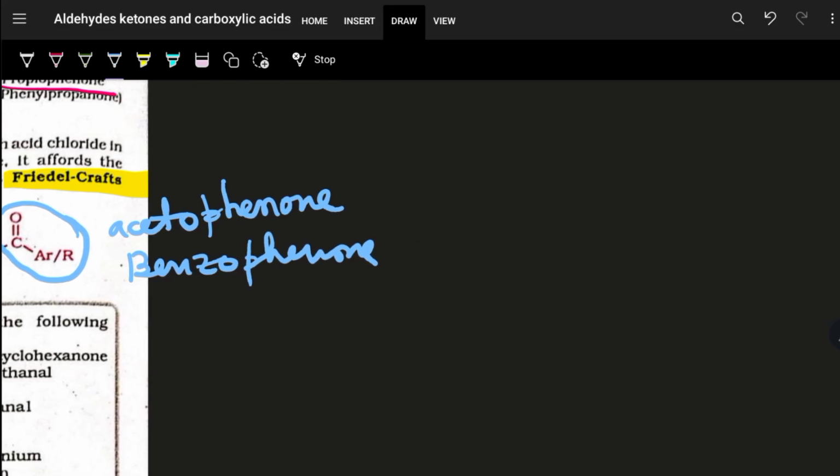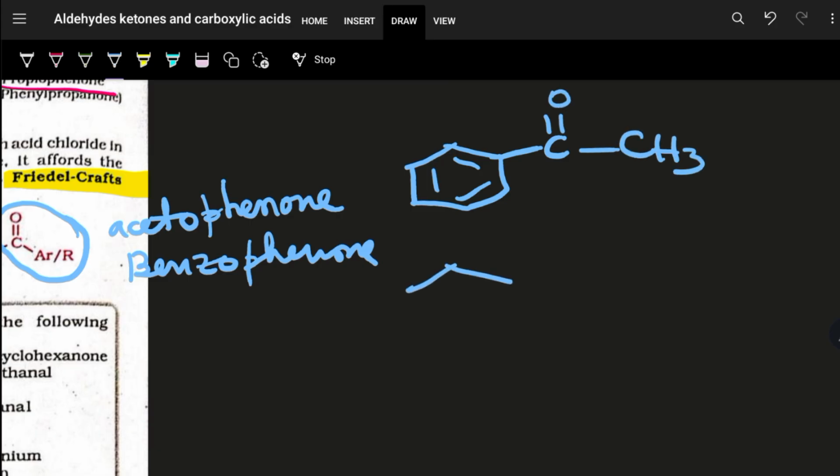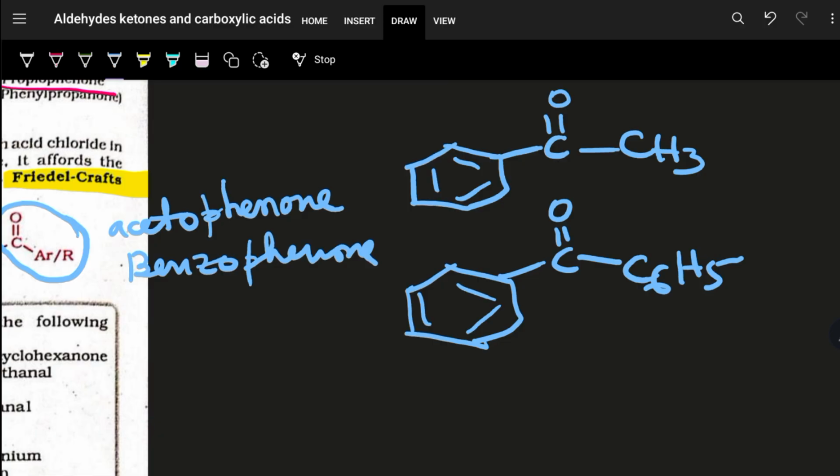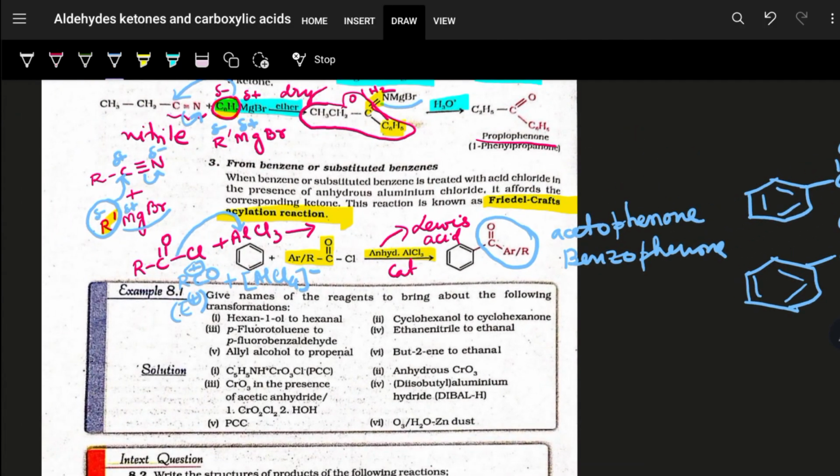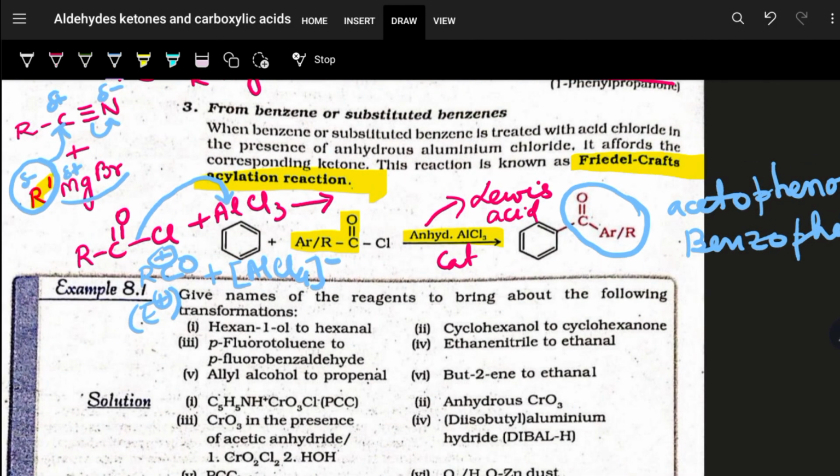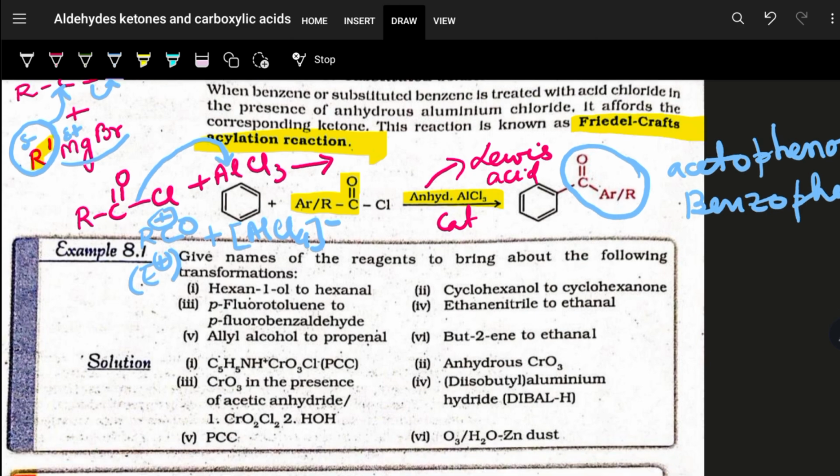What is acetophenone? This is a benzene ring, C double bonded O CH3. What is a benzophenone? This is the benzene ring. You have a C double bonded O and a C6H5 or another benzene ring. So these you can obtain by the method of Friedel-Crafts acylation reaction.